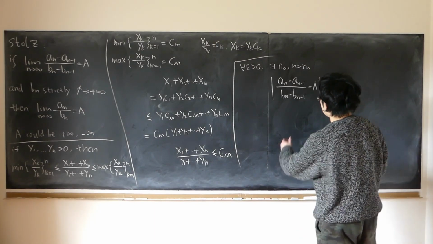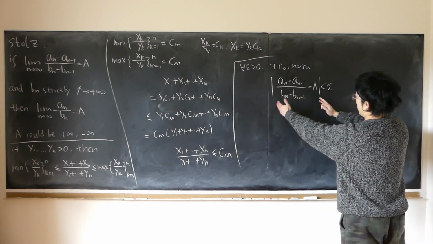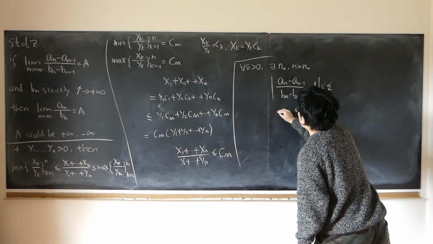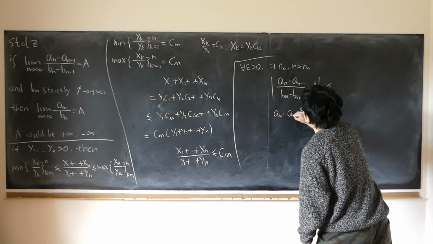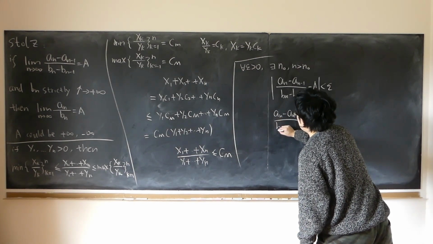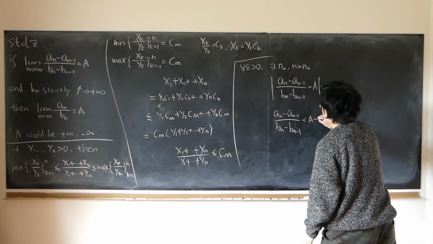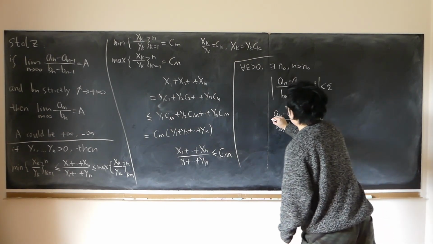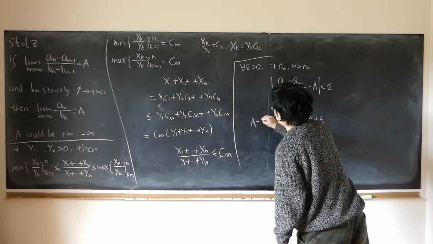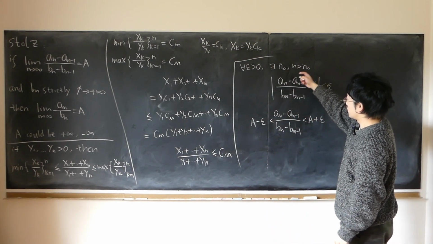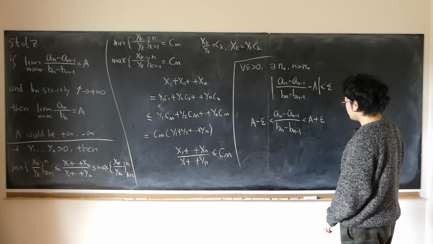In other words, we just get rid of the absolute value and add a on both sides. We should have an minus an minus 1 over bn minus bn minus 1 is smaller than a plus epsilon and bigger than a minus epsilon, for every n that's larger than this fixed n naught.